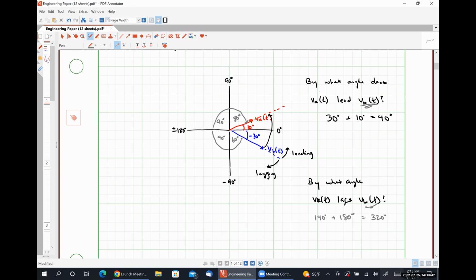So you might do your analysis using a phase diagram like this perfectly correctly, type in positive 40 degrees for the angle that VA leads VB of T, and WebWork will tell you you're not right. And it's just the way that whoever wrote the problem programmed it.